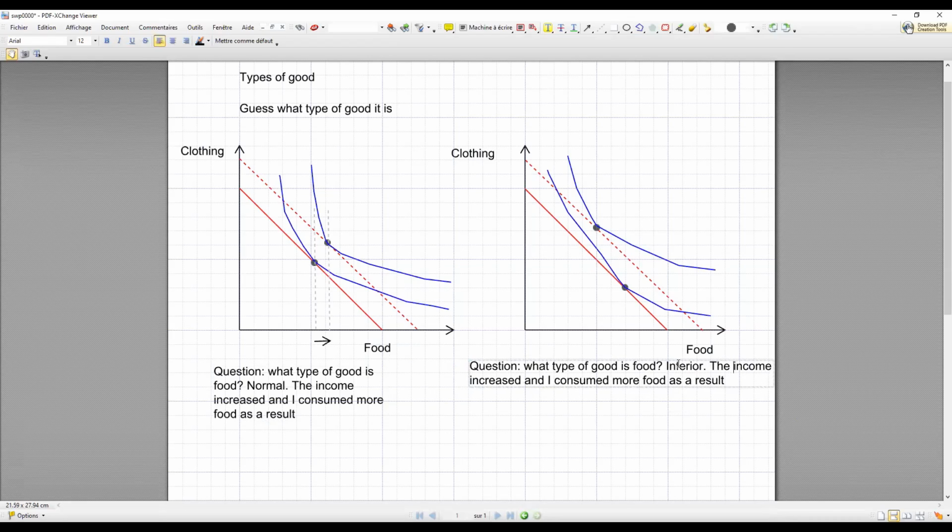The income increased. And I consumed less food. So I'm not saying that food is inferior. Food is generally a normal good, but you know, I could draw some inferior. See, there's some inferior good there.